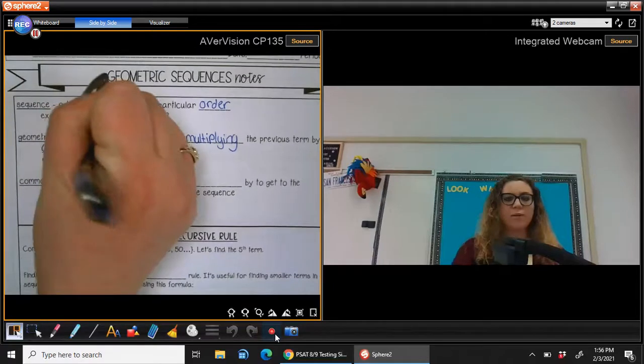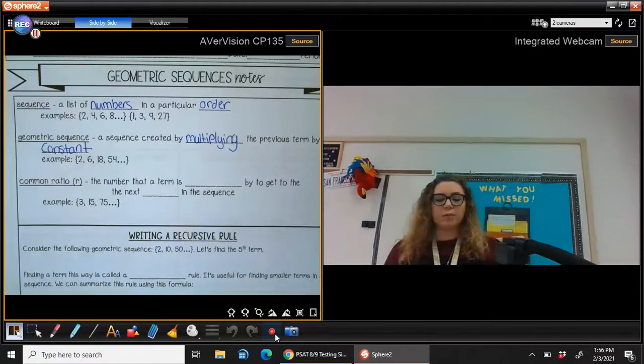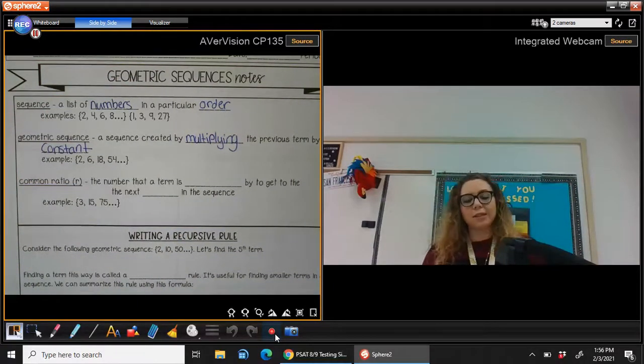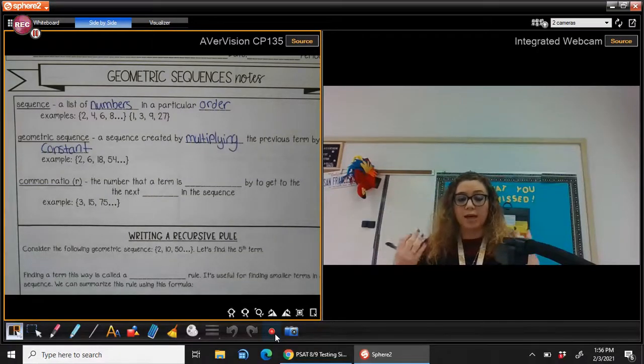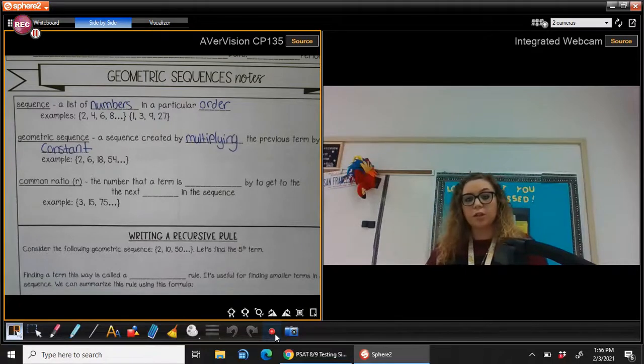When we talked about linear functions and arithmetic sequences, you increased or decreased by a constant. Geometric, you're multiplying by a constant.